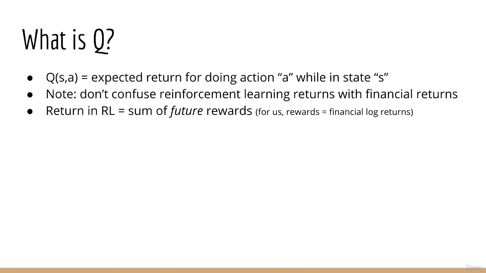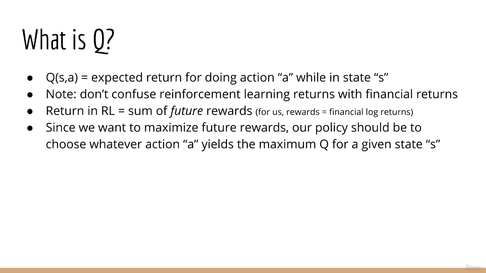Using this definition, it becomes easy to decide what the optimal action is. Obviously, I want to maximize my future rewards. Therefore, I should pick the action that gives me the maximum Q. This might seem like circular reasoning, but let's assume that Q really does contain these expected returns.